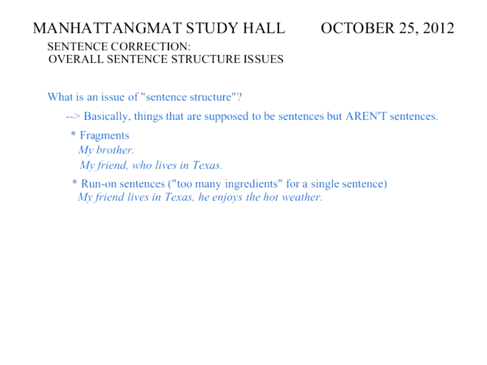Or if you say something like "my friend, comma, who lives in Texas, comma, he enjoys the hot weather." This is also not a sentence. This part here in the middle is a modifier that you can ignore if you want to, but what you're left with if you ignore that modifier.